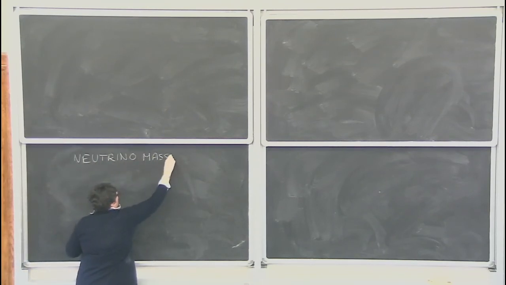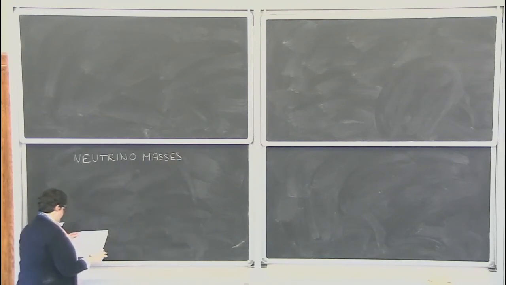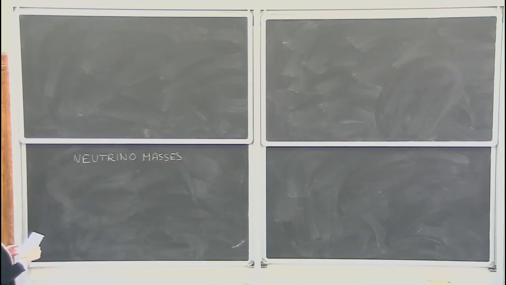So let's discuss neutrino masses. So what kind of masses can neutrino have? Well, the simplest case is the Dirac case, like all the other fermions.